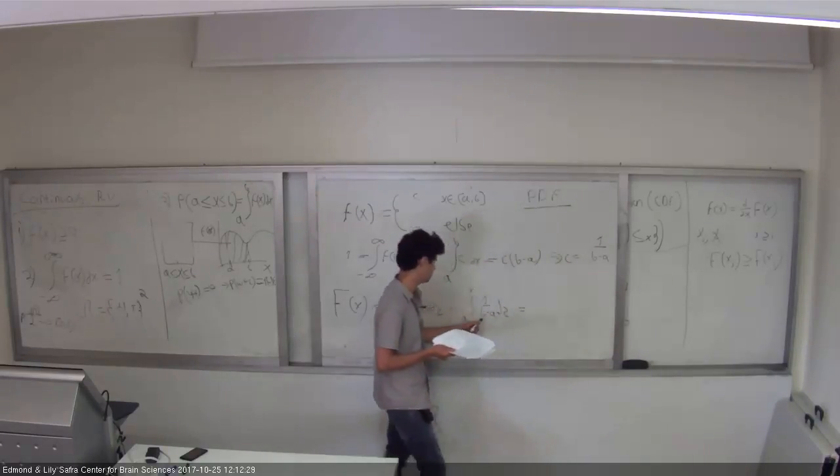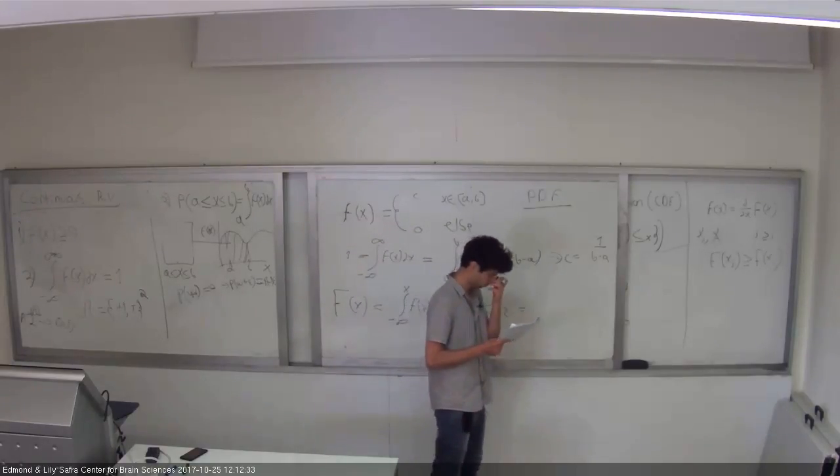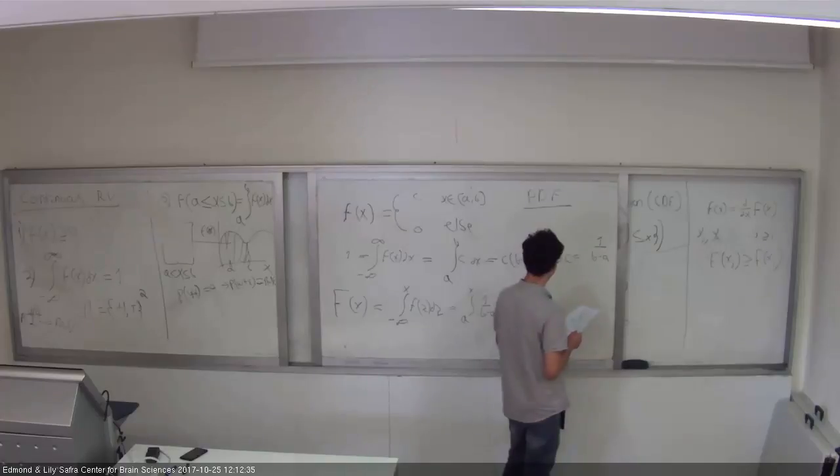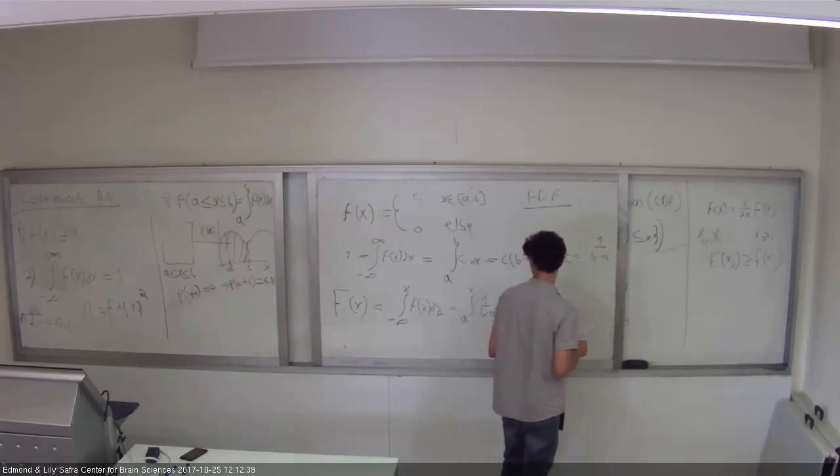This is a constant, so what is the integral? Yeah, (x minus a) divided by (b minus a).